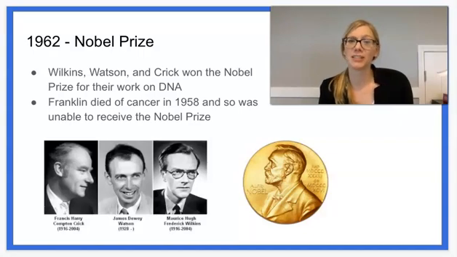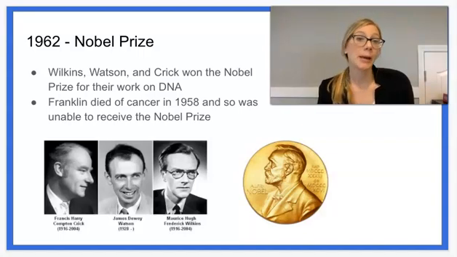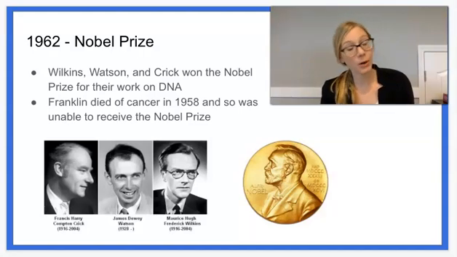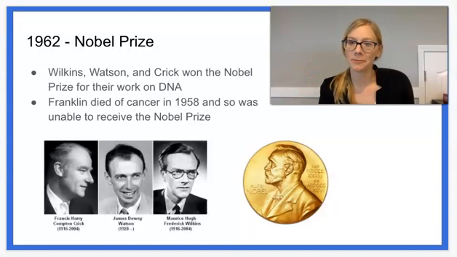In 1962, Wilkins, who worked with Rosalind Franklin, Watson and Crick all received the Nobel Prize for their work in DNA, but Franklin did not. She died in 1958 of cancer, probably due to the work with her radiation, X-rays, right? And you have to be alive to receive the Nobel Prize, so she was never given the Nobel Prize, although it's suspected that she probably should have if she was alive.